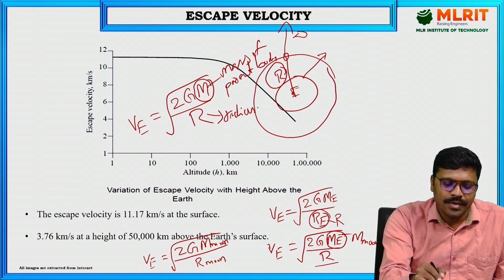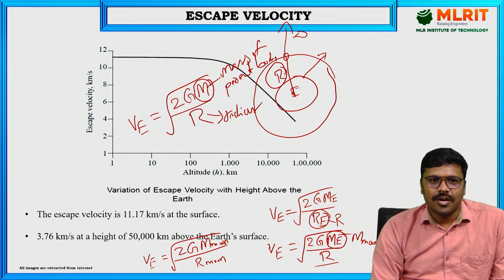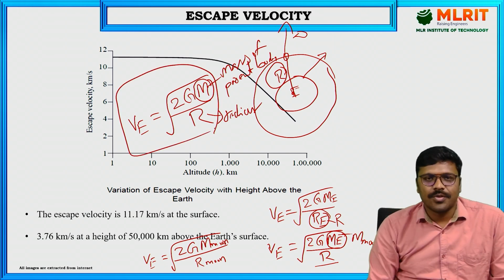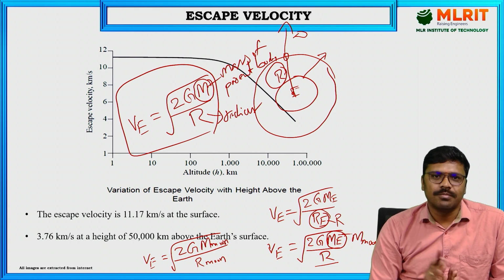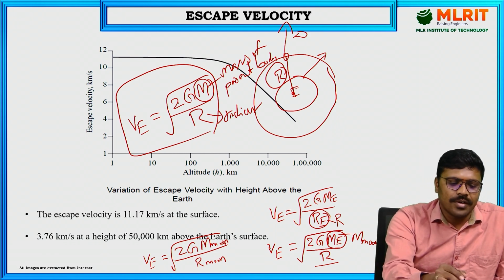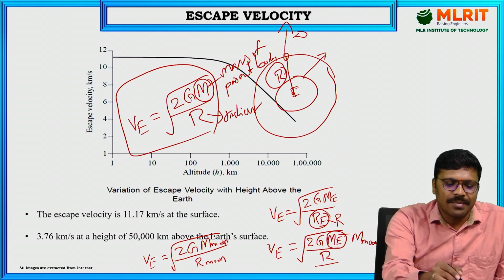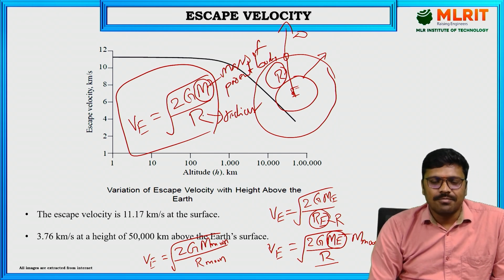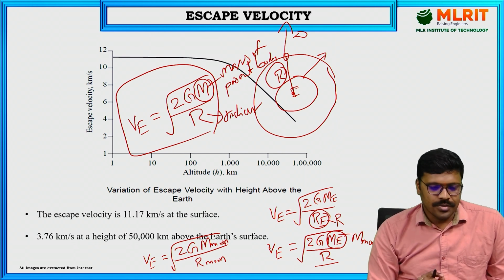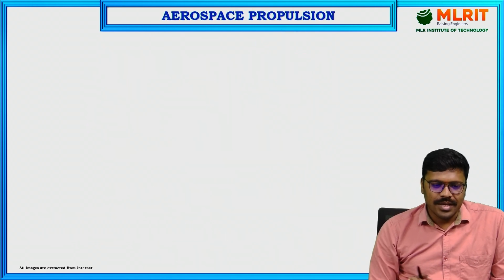So this is actually the basic equation to calculate the escape velocity from any object or from any planet. V is equal to under root 2 into capital G into mass of the parent planet divided by the radius of the object or the distance from the center. Okay, so this is about the topic escape velocity.